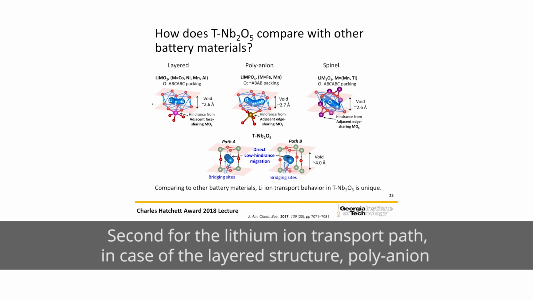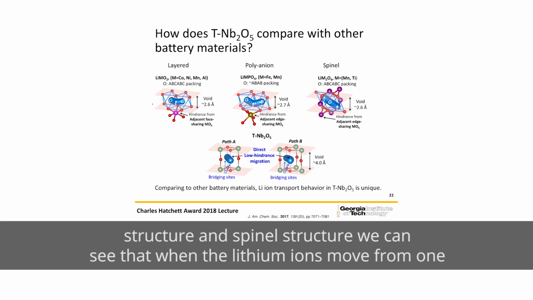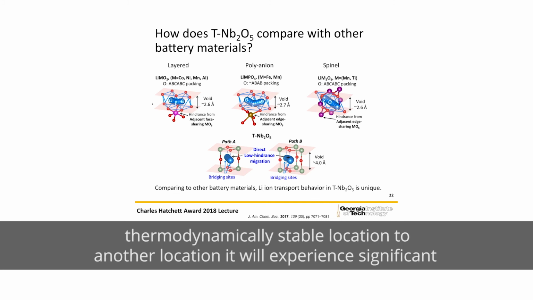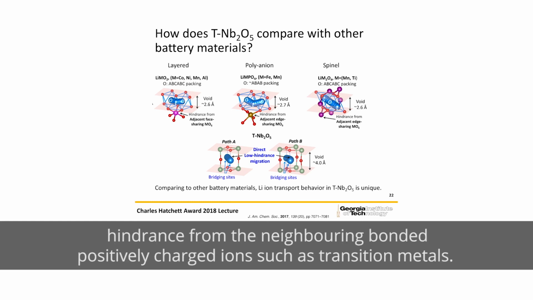Second, for the lithium-ion transport paths, in the case of layered structure, polyanion structure, and spinel structure, we can see that when the lithium ion moves from one thermodynamically stable location to another, it will experience significant hindrance from the neighboring bonded positively charged ions, such as transition metals.